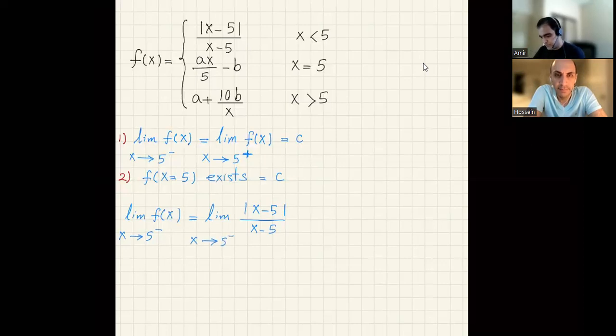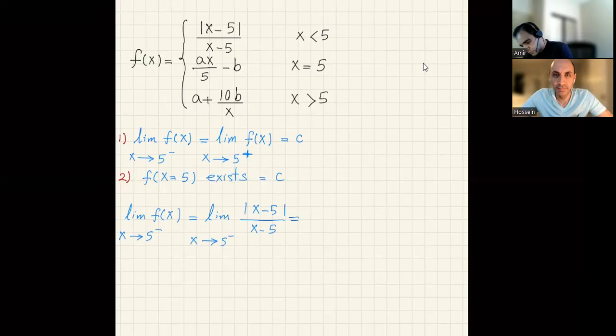We have an absolute function in the numerator of this fraction. Since x approaches from the left side, the numerator is going to be negative of x minus 5. So we can get rid of the absolute sign, because with the absolute sign, we cannot do anything.